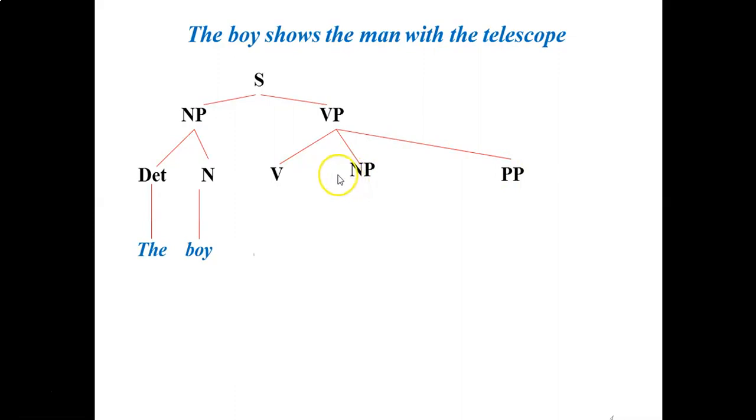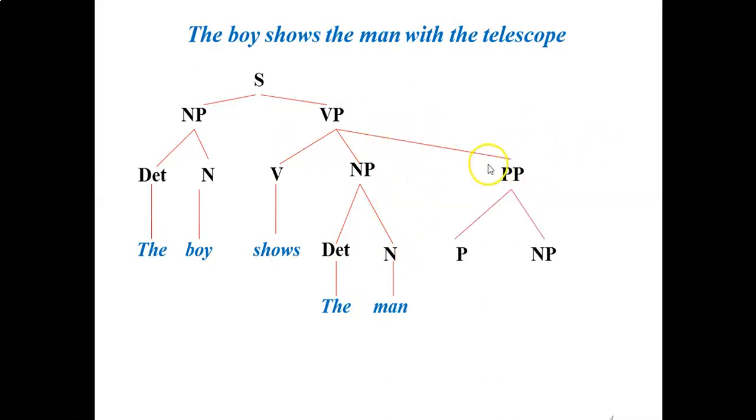Let's see, verb is from shows, and NP can drop down to be two: determiner and noun. Determiner is the and noun is man. So last we come to PP. PP is P and NP, with the telescope, with determiner and noun, the telescope. That's the complete one.